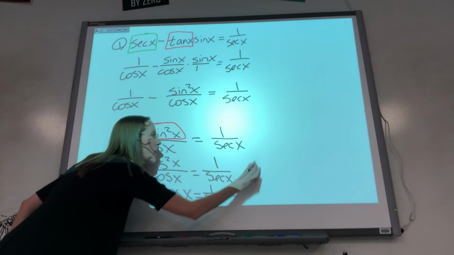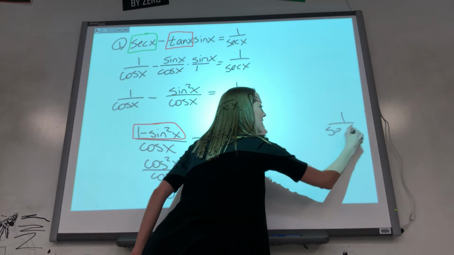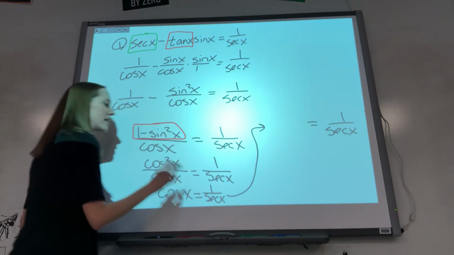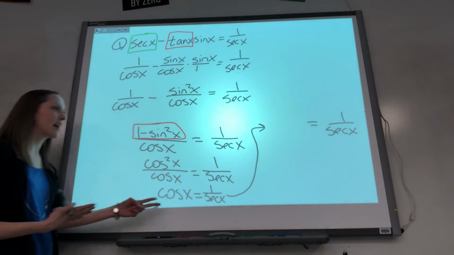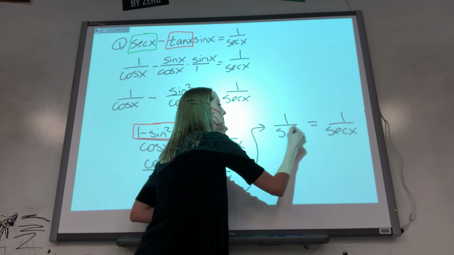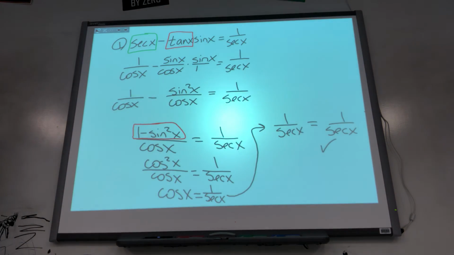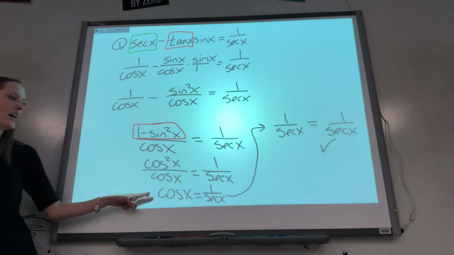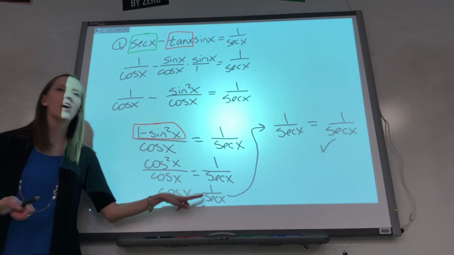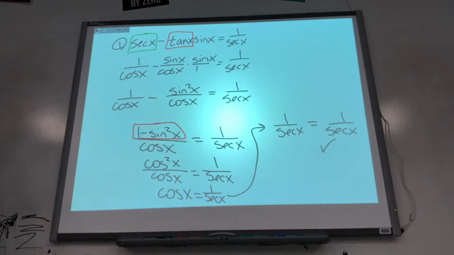If you do what we've been doing, keep the right side, work on the left side, you can just change cosine of x to be 1 over secant of x. Or I'm not going to count it wrong if you keep cosine and change that to be cosine. That would also work. But a little bit nicer there since you already had common denominators.